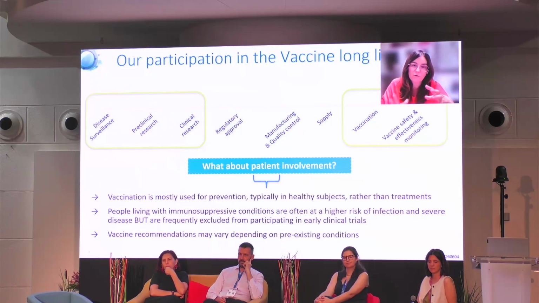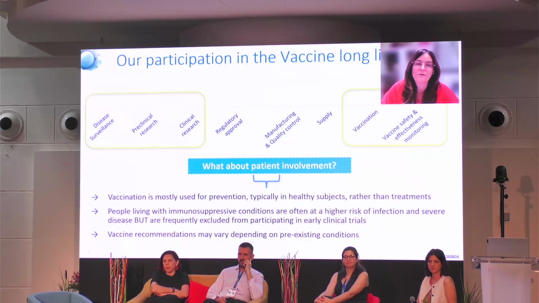We have vaccines that are given in pediatrics to prevent diseases, but we also have a lot of vaccines that are given when you're getting older, or you have an immunosuppressive condition, to prevent a worse outcome of that disease. So we have the opportunity to engage in this type of development. And this is the example that I want to bring today to the table.